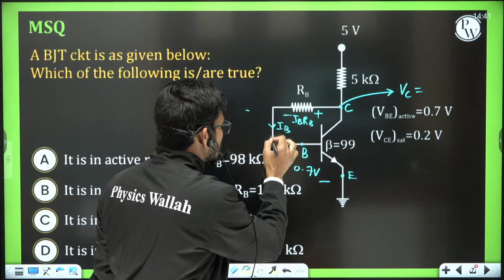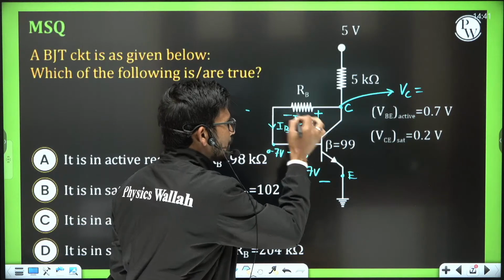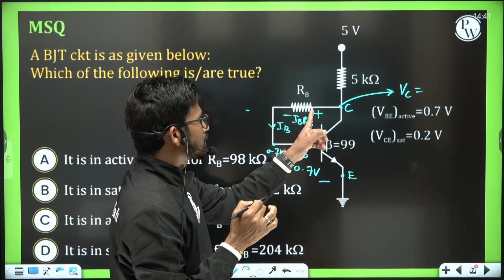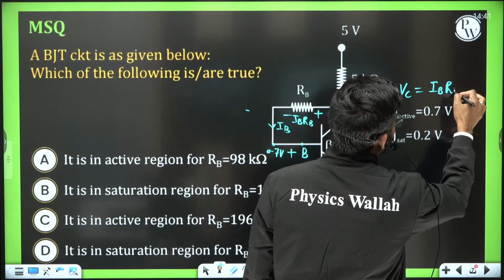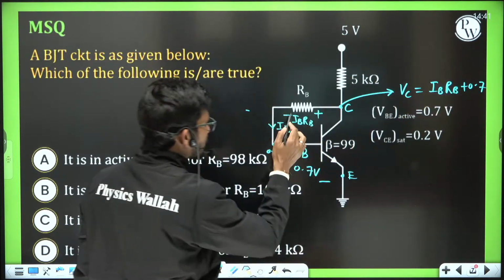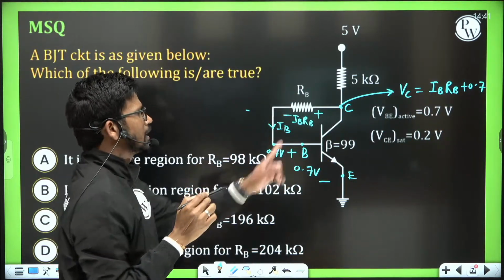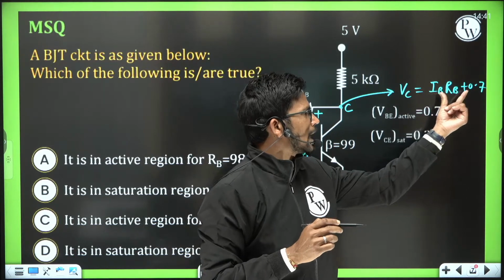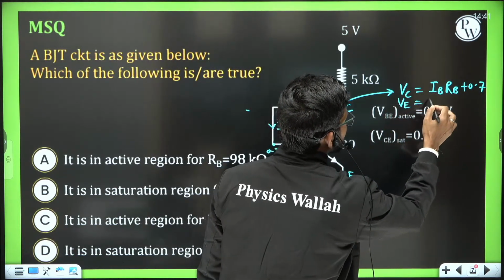Then the voltage across RB is IBRB, whose minus node is connected at 0.7 volt. Therefore this plus node VC will be at IBRB plus 0.7. So here you can say that VC is equal to IBRB plus 0.7.